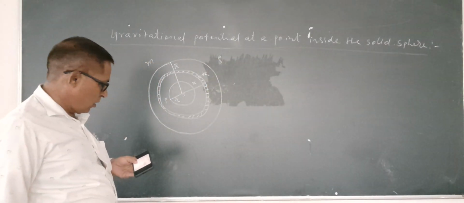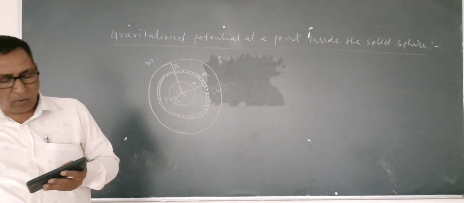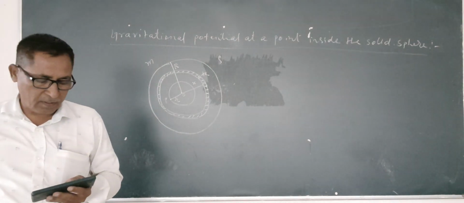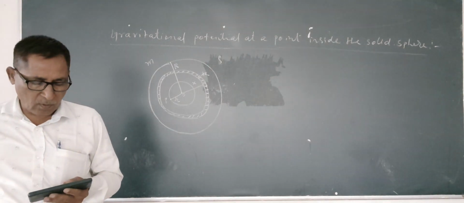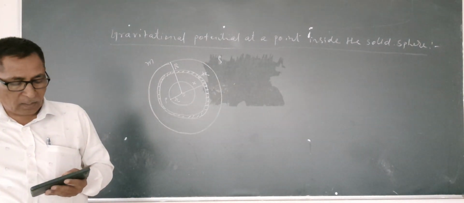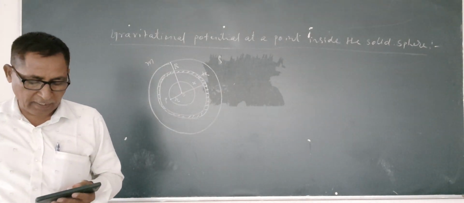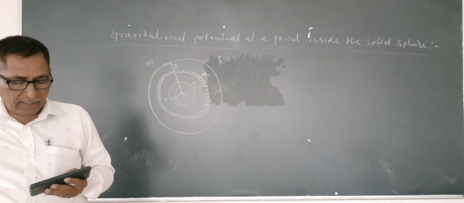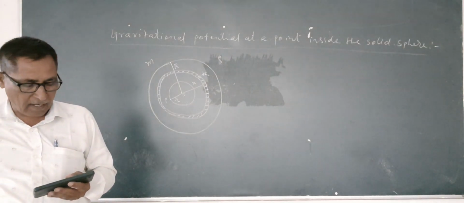Now, the solid sphere is made up of a large number of hollow spheres concentric with it, with their radii ranging from r to capital R. Point P lies on the surface of the solid sphere of radius r, and inside all the shells of radii greater than r.